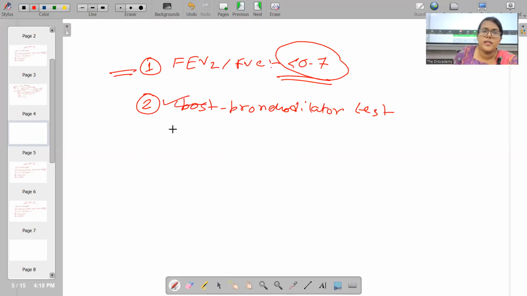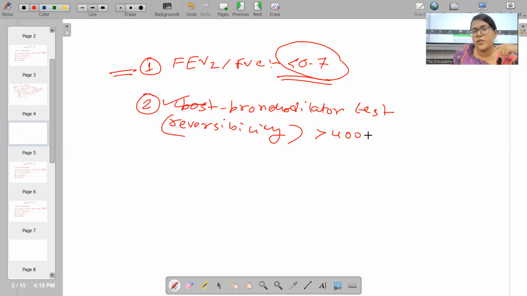What we are trying to see is the reversibility. After giving the patient a bronchodilator, if there is more than 400 ml of improvement from the initial baseline, that is indicative of asthma. But in a case of COPD, there will be no response or limited response, maybe less than 400 ml of improvement.